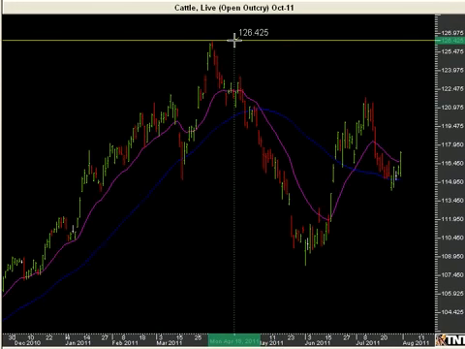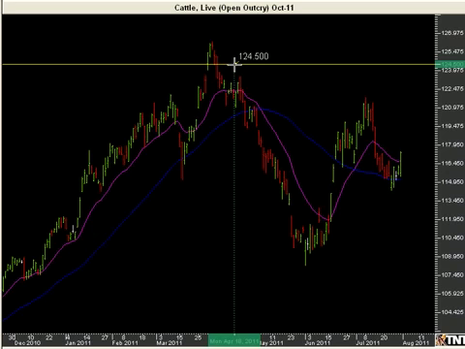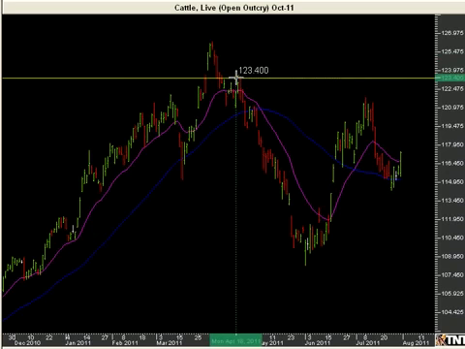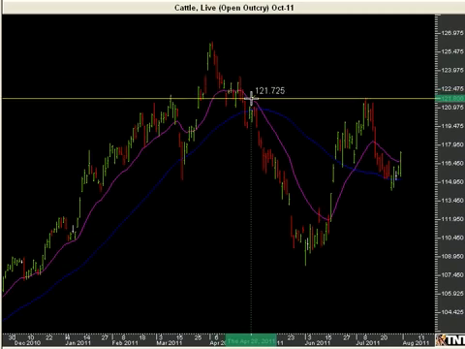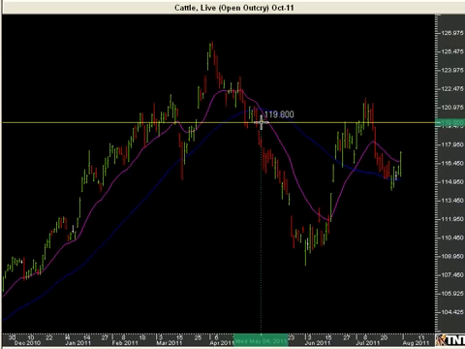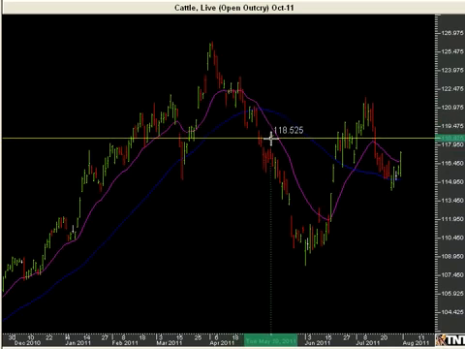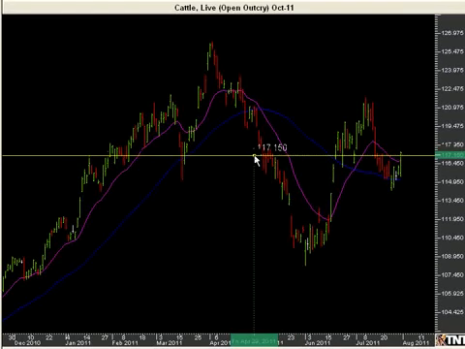For instance, you will have a line here, and then we also have several hits here, so you'll have a line here. We have more hits through here, so we'll have a line here. We've got hits here, and so on. You can see that your chart can very quickly become cluttered with lines from all these support and resistance zones.